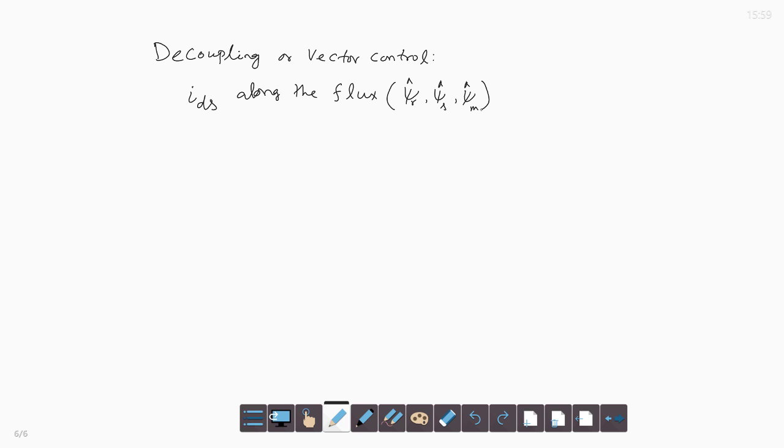So, IDS is along the flux and IQS is oriented orthogonal to IDS. That means psi q is 0, and psi d equals psi.